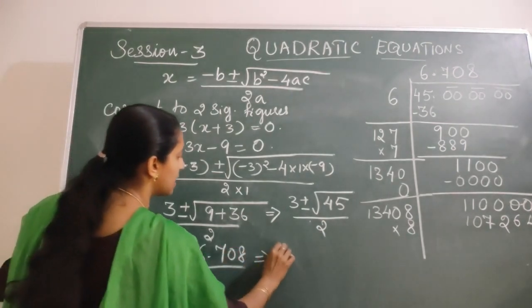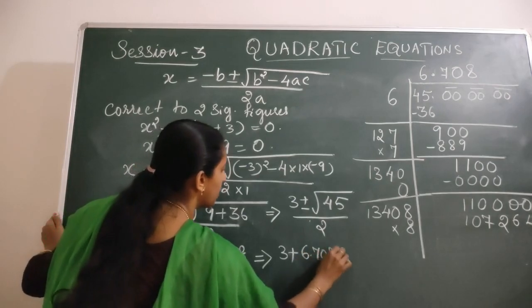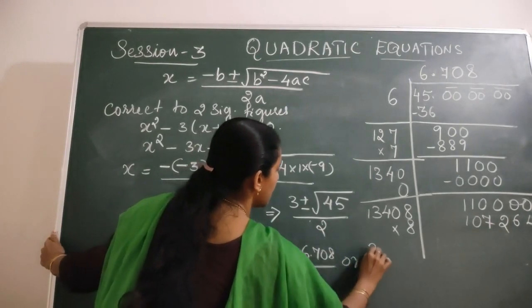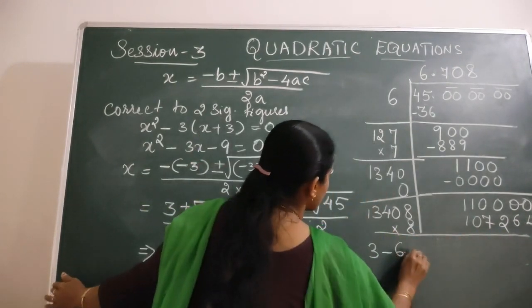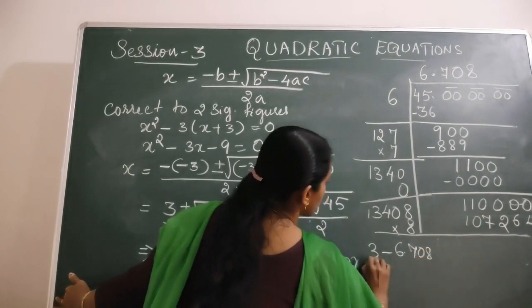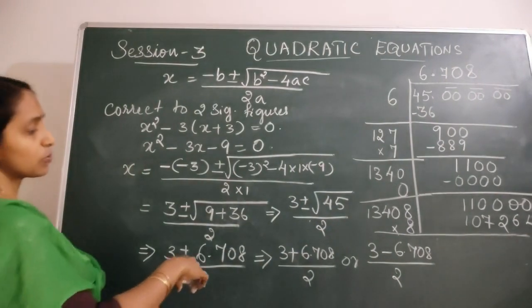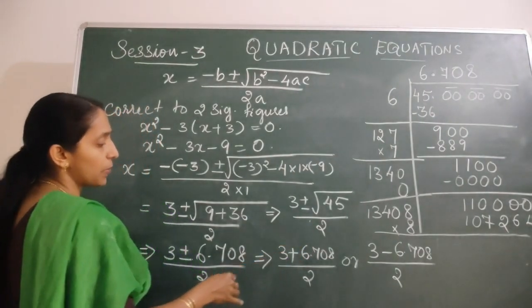That means 3 plus 6.708 by 2, or 3 minus 6.708 upon 2.